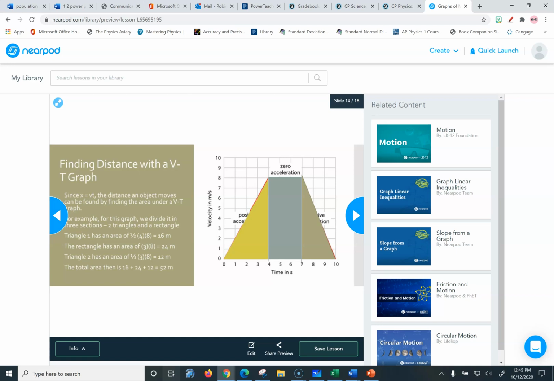Another great thing that we can get from a VT graph is the displacement. We know that velocity is change in x over change in t.